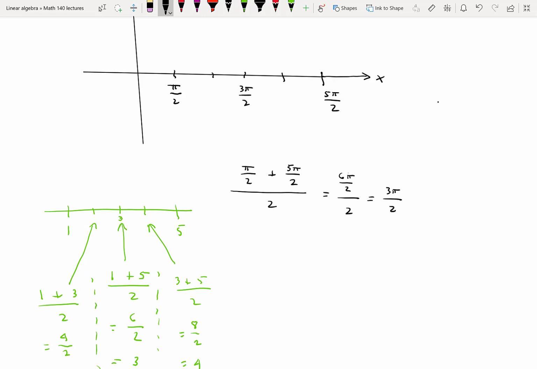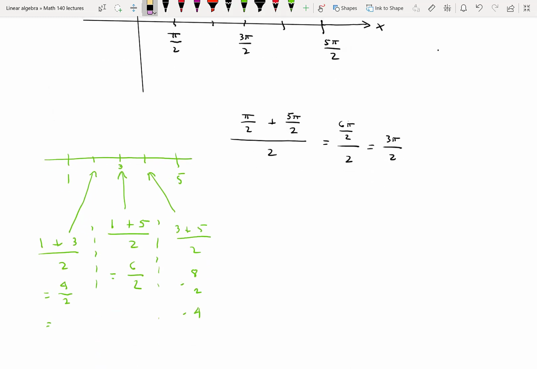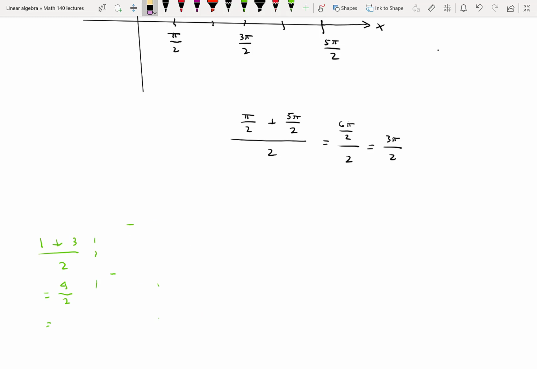So do the same thing to find the next point. Let me make a little room here. So we're going to do exactly the same thing with the point between 1 pi over 2 and 3 pi over 2.